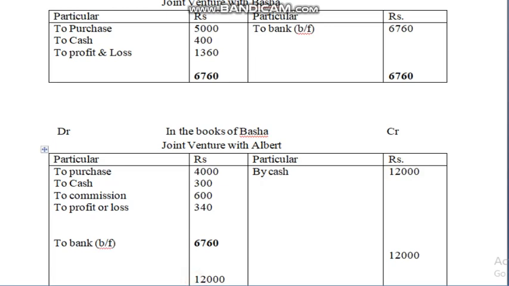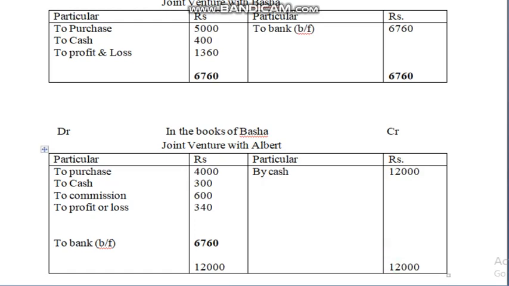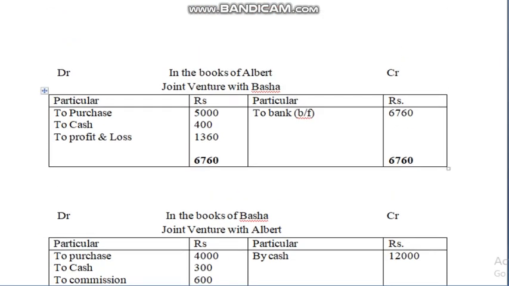Now the personal account of Basha is over. In the personal account of Basha, we recorded only the transactions relating to Basha. In the personal account of Albert, we recorded only the transactions of Albert.